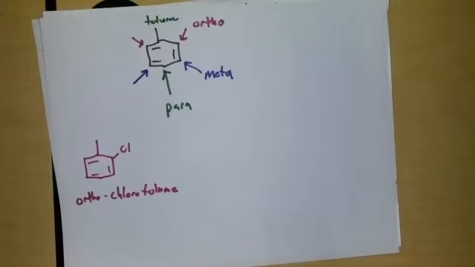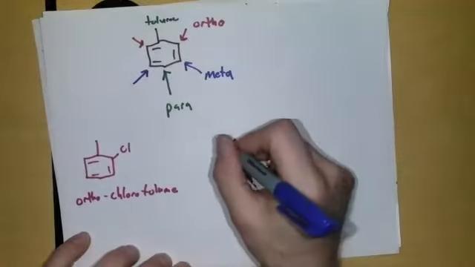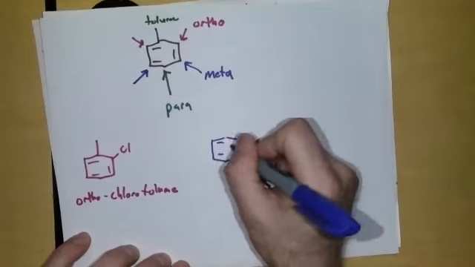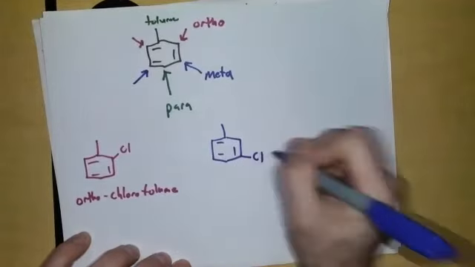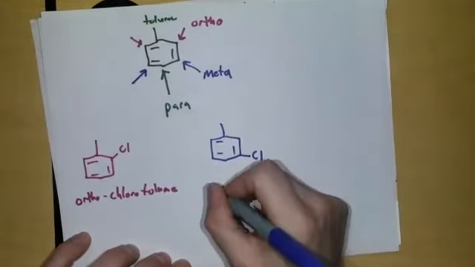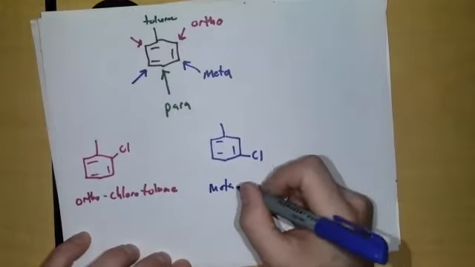There's not really a priority list for these. Usually you just do the one that gives you the shorter name. So toluene is easier to say. If I put it in the position next to that, meta position, this would be meta chlorotoluene.